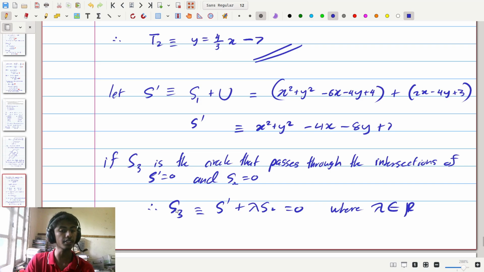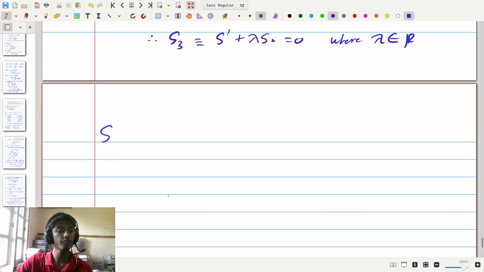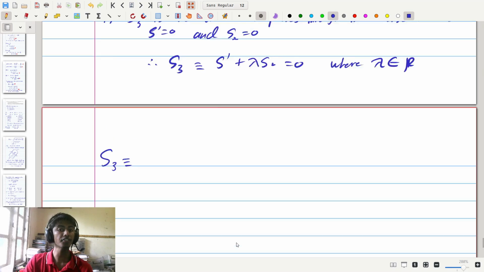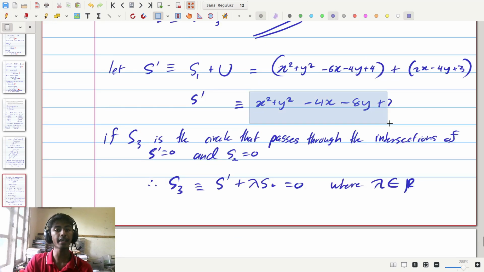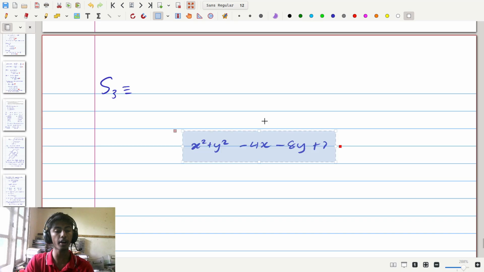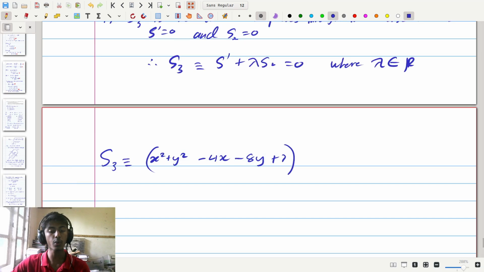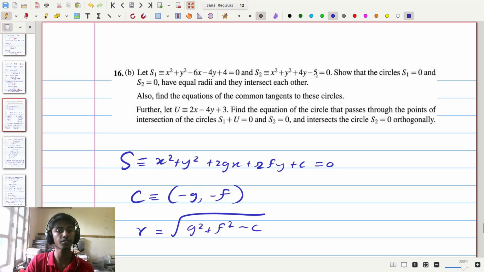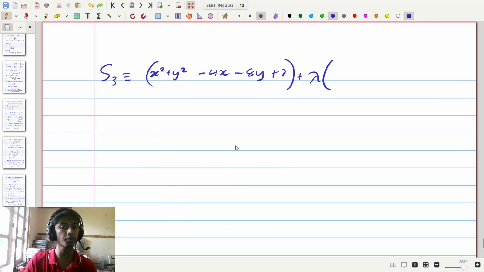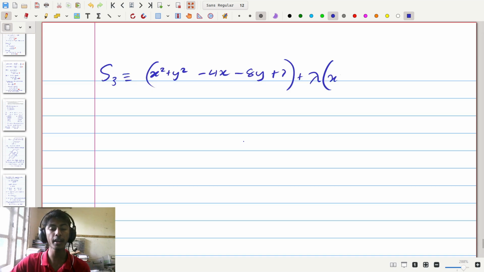Now considering that, we can see if we go down and substitute in, we'll get s3 being given by s dash, which is this equation right here, of x squared plus y squared minus 4x minus 8y plus 7, plus lambda times s2 circle, which is x squared plus y squared plus 4y minus 5 equals 0. So we can substitute in x squared plus y squared plus 4y minus 5, and all of this added together must be equal to 0.